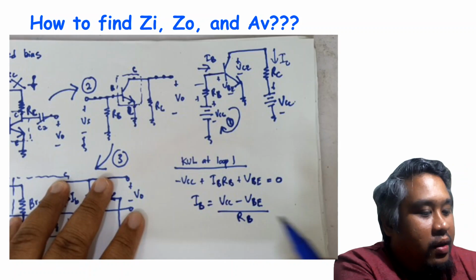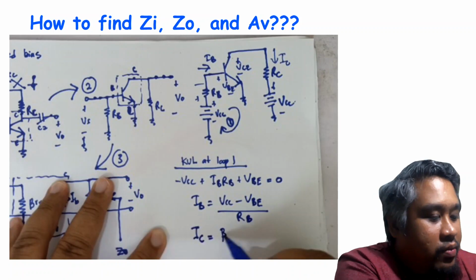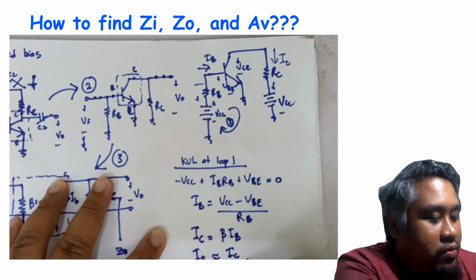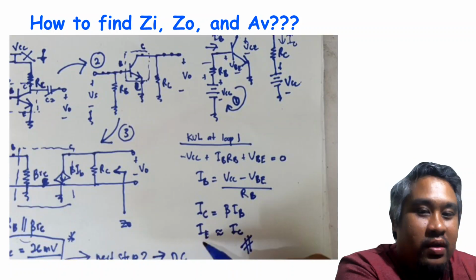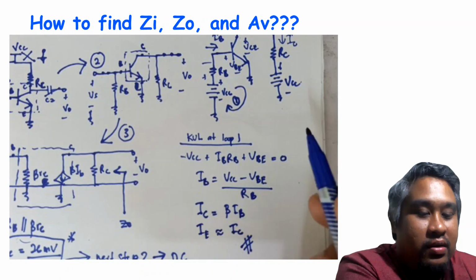Next, we calculate IC equals beta IB, and then IE is approximately equal to IC. So we have found the IE value by using DC analysis.